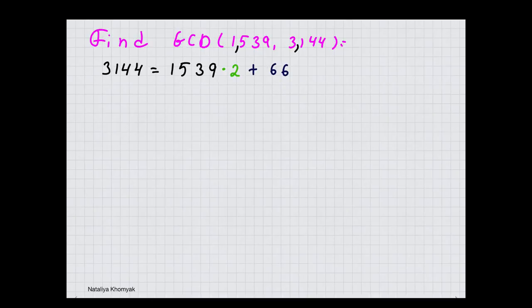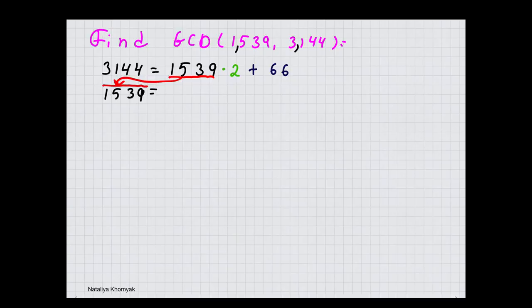So since the remainder is not 0, we apply the algorithm. You redo this until you reach 0 as your remainder. The first thing to do is to take the number after the equal sign and drop the previous number, and you have 1539.